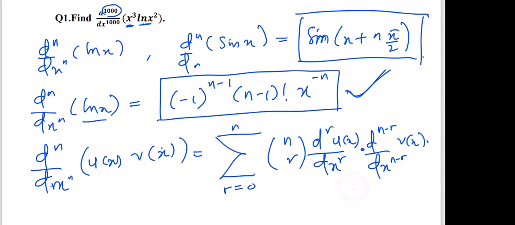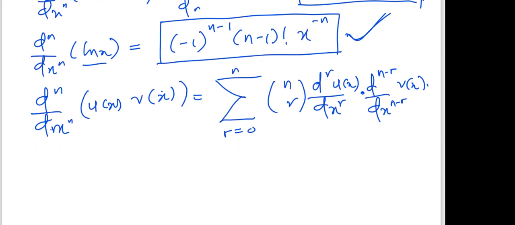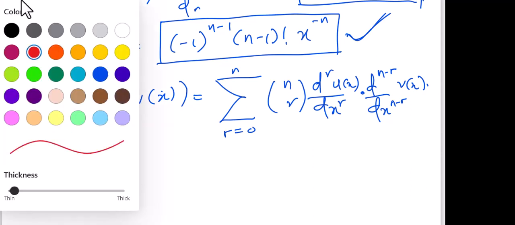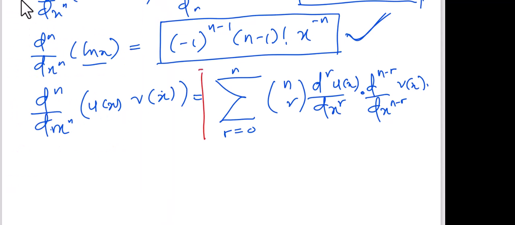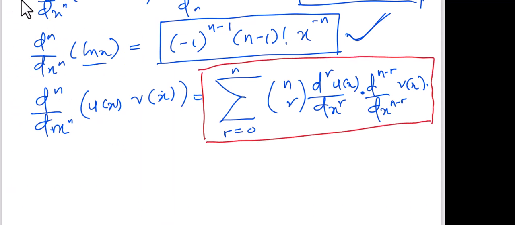So u of x is one of the functions and v of x is the other function. So this is the Leibniz theorem, and we are going to apply this in the differentiation of our example.